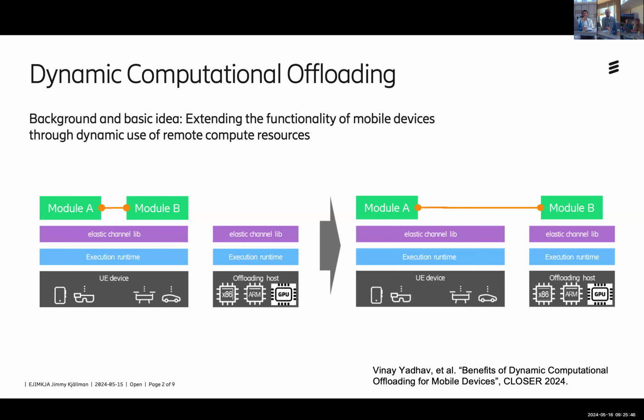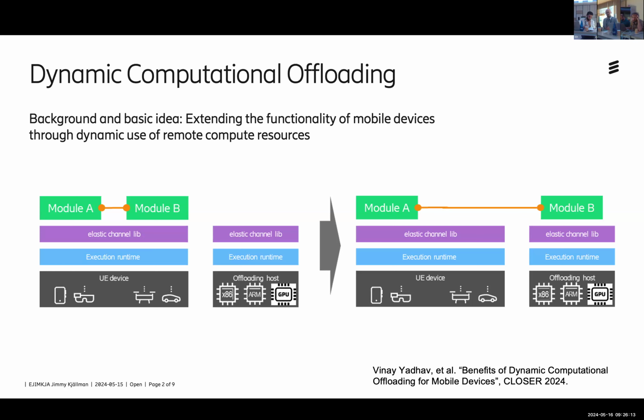This is meant to be dynamic in the sense that, on demand, we have something running on the device, and some part of it is uploaded into the network. If it doesn't need to be, or can't be, running in the network anymore, then it can also be put back onto the device. So we can flexibly move computation from the device to the edge environment or back, or place it as we like.